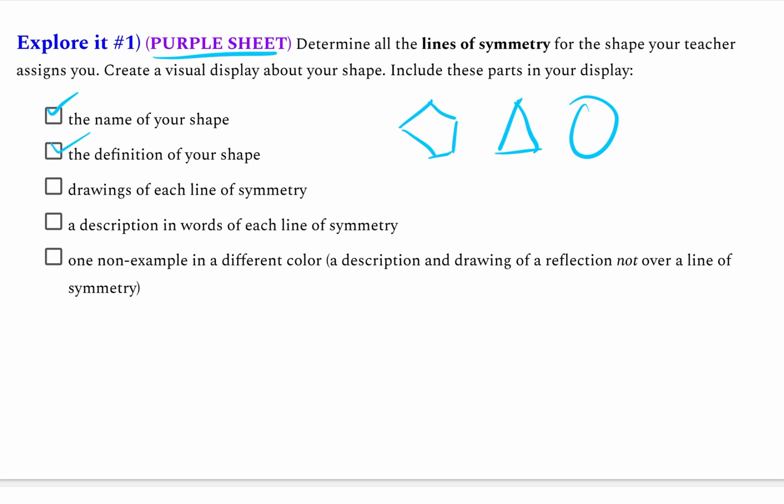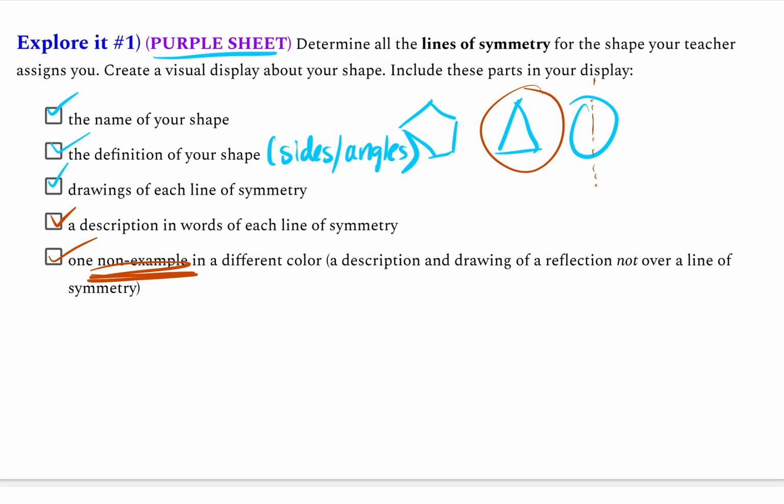Name the shape, define it, like how many sides or angles. I like angles because polygon means multi-angled, not multi-side, but they're related, which is interesting. I digress. Drawings of each line of symmetry, you could use dotted lines, use a straight edge, description in words of each line of symmetry, and one non-example.